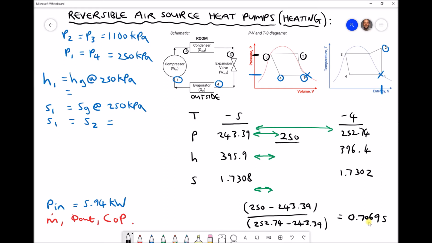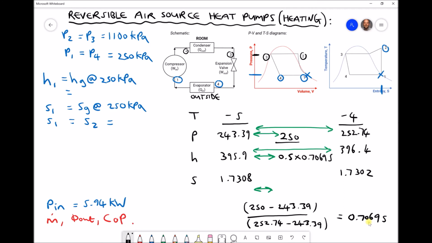Okay, so the difference between our upper and lower enthalpies, represented by this distance here, is 396.4 minus 395.9. Well, that actually equals 0.5. So the difference between our upper and lower enthalpies there is 0.5. But we're interested in where we sit on that continuum, so we need to multiply by our decimal, 0.70695, which gives us 0.353.